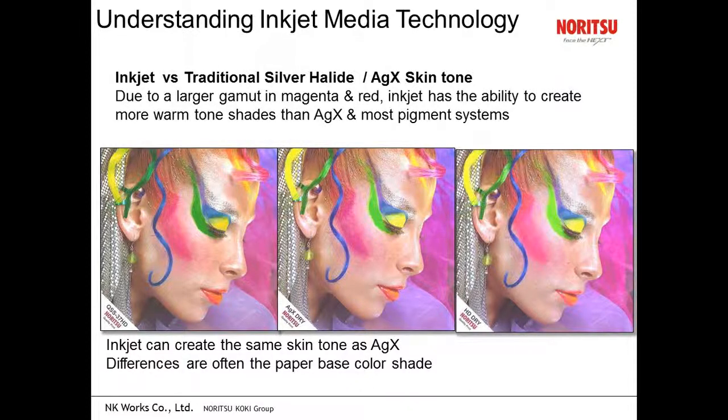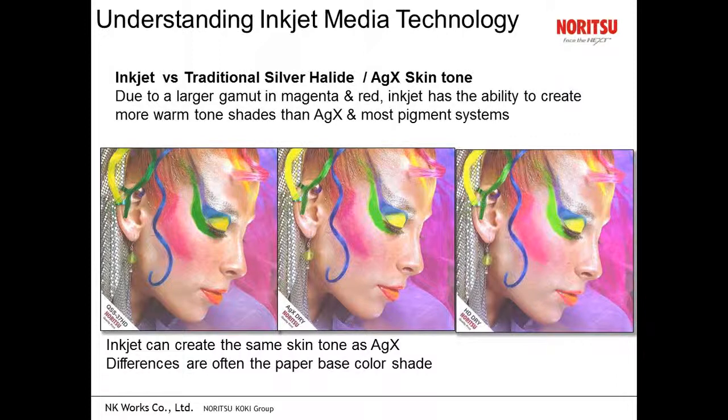The skin tone, once again, will be the same. It does not change the skin tone itself, but it does reduce the gamut of the inkjet to the similar gamut of silver halide. That being said, inkjet will never replicate silver halide because the paper base itself is brighter white and the blacks are created from black ink, whereas in silver halide the black is created by equal amounts of cyan, magenta, and yellow dye.